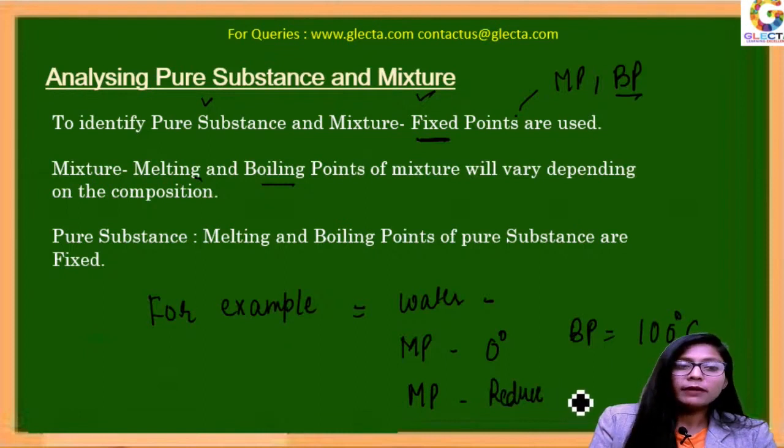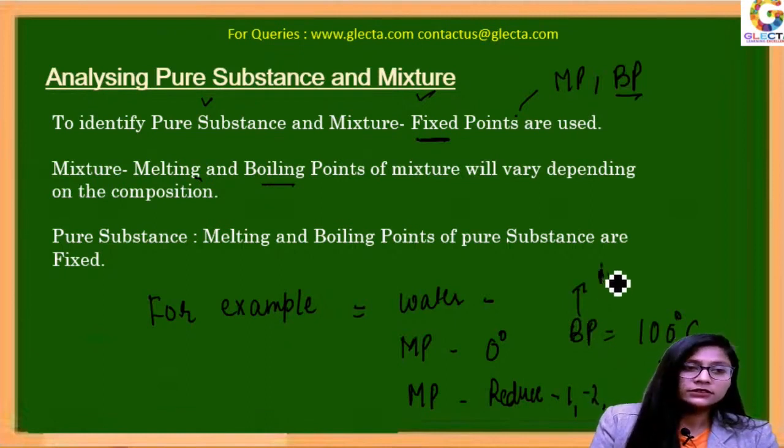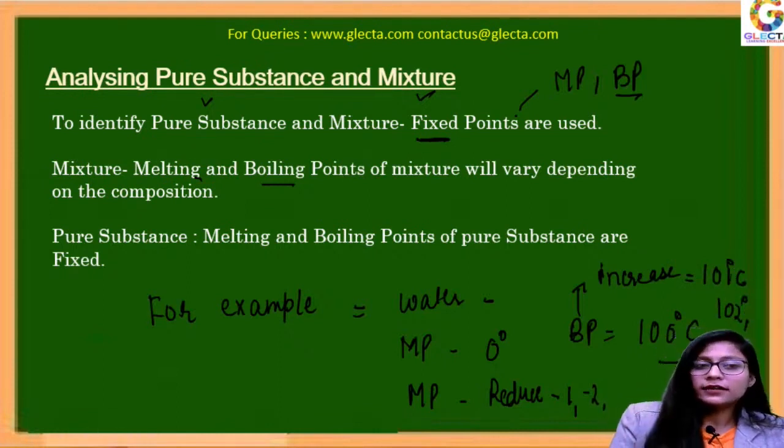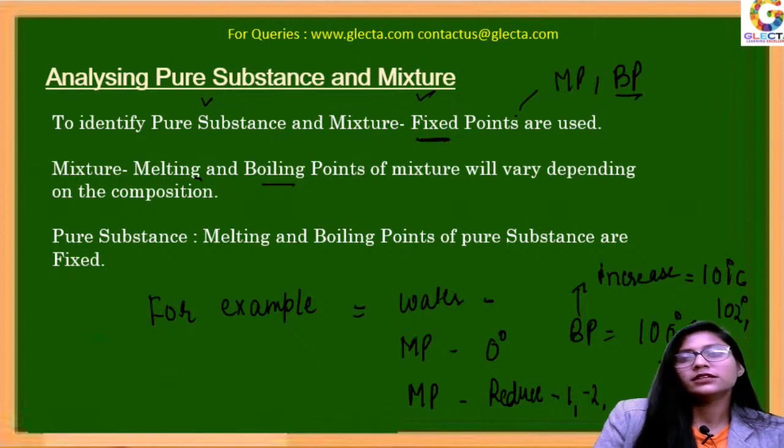It may become -1 degree or -2 degrees. Whereas the boiling point of the water may increase, it may come to 101 degrees Celsius or 102 degrees Celsius, depending on the substance that I am adding to the water.